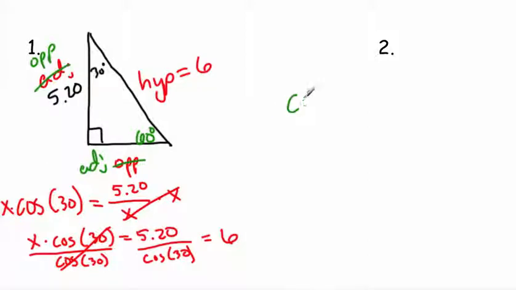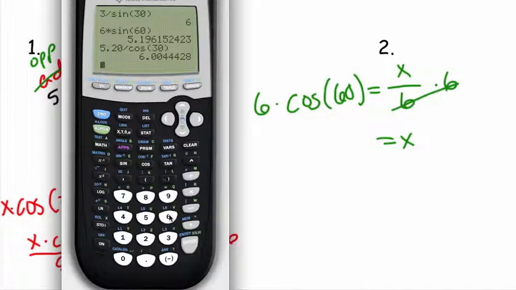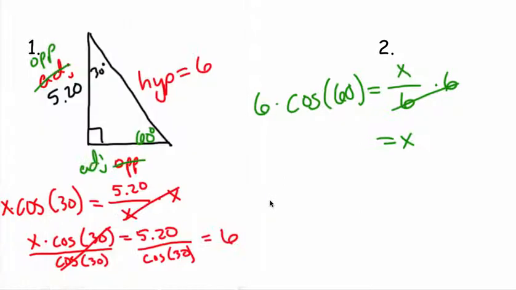So cosine of 60 degrees equals adjacent over hypotenuse. Multiply both sides by 6. And so x turns out to be whatever 6 times cosine of 60 is. I think I better get 3. So 6 times cosine of 60, and I get 3. So that's good. So x turns out to be 3.